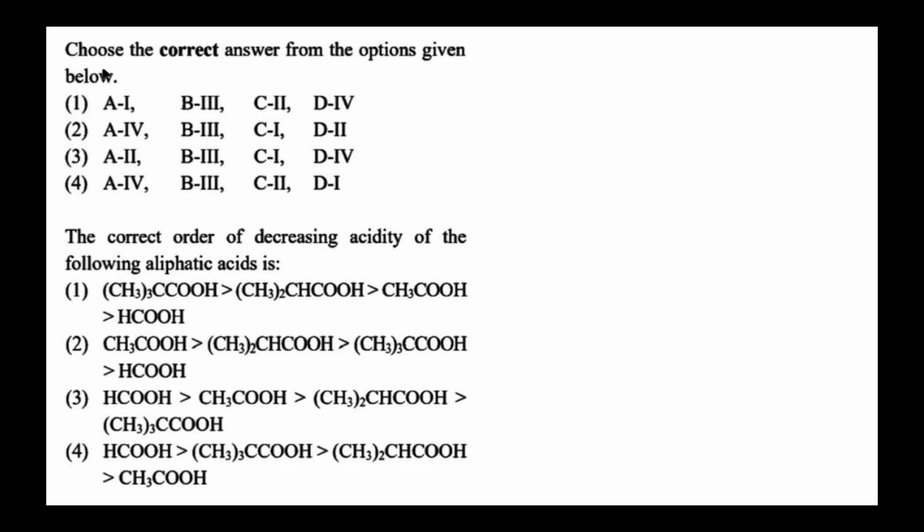The next question is, choose the correct answer from the options given below. The correct order of decreasing acidity of the following aliphatic acids. In that aliphatic acids, they given formic acid and acetic acid and methyl group containing acids. So here the acids containing alkyl group substituents.